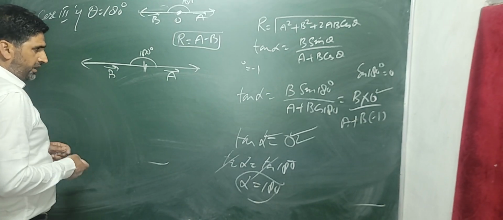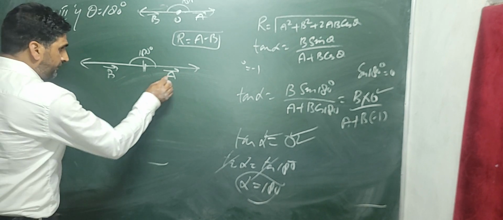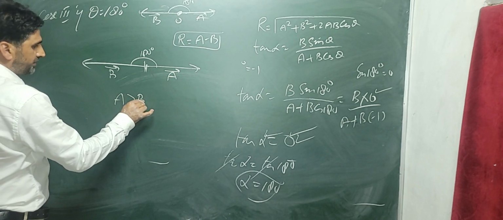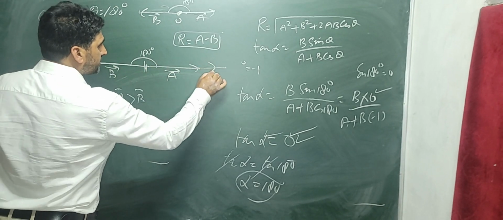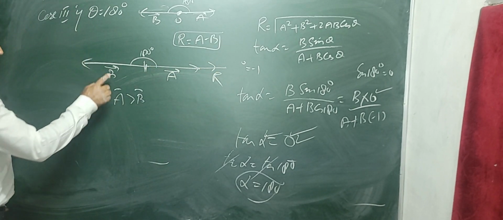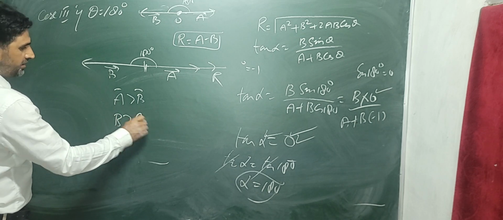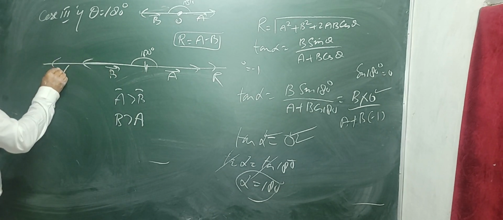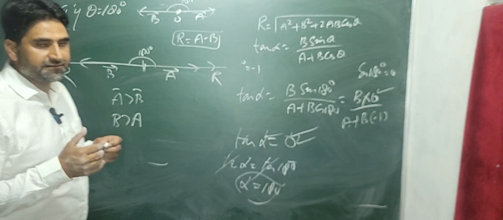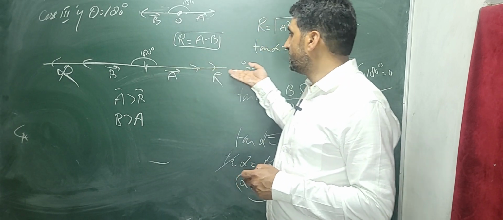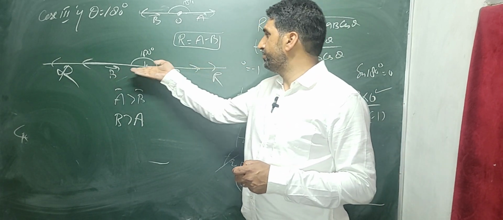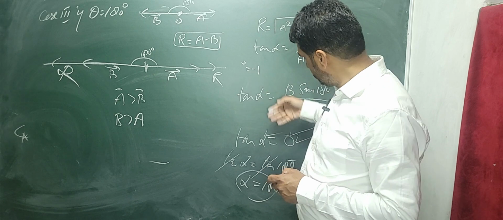Now, try to understand in a different way. If A is greater than B, then R will be moving along this direction. And if B is greater than A, then R will be moving along this direction. So R can have a different value and a different direction here. If I take the 0 degree, if A is greater than B, then R is along the 0 degree.